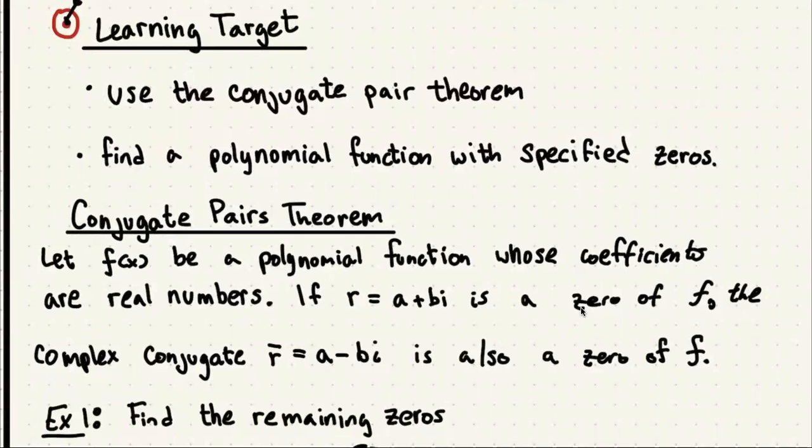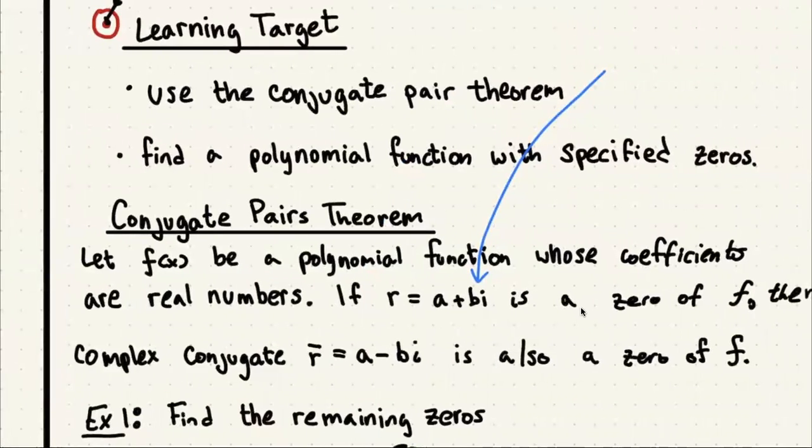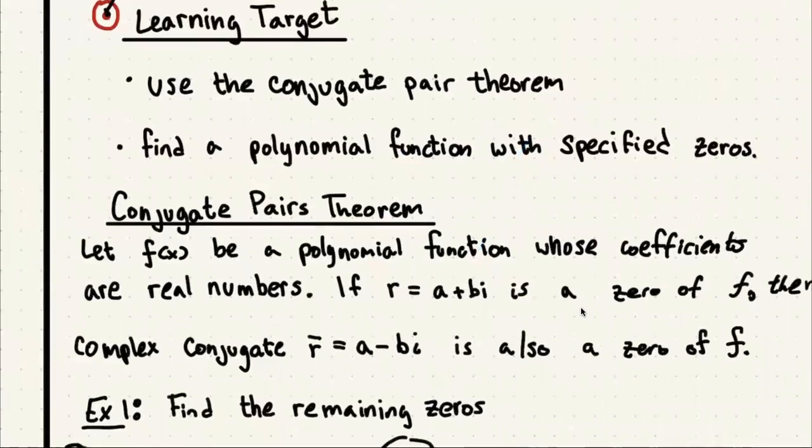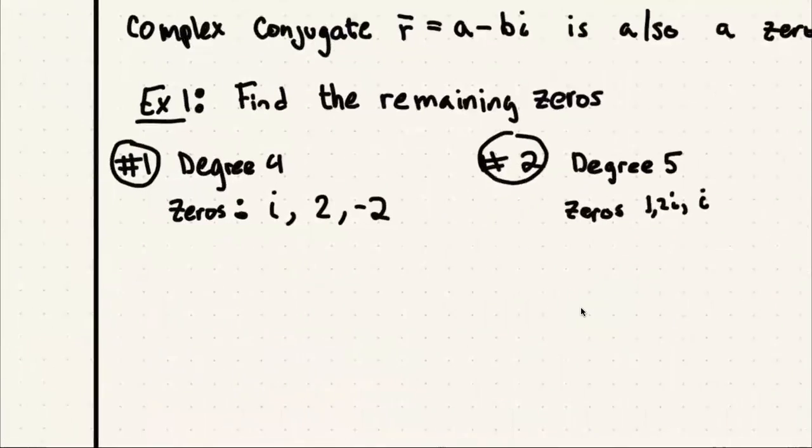If r is equal to a plus bi, so this is the way we typically see a complex number, an imaginary number, is a zero of f, then the complex conjugate r minus bi should also be a zero. So basically what we're saying is what we said in class yesterday or today, depending on when you're watching the video: finding the remaining zero.